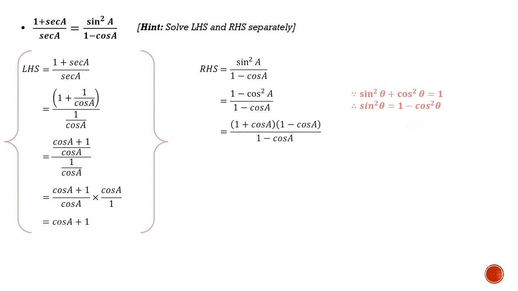Once again, simplifying it using the identity a square minus b square. So your 1 minus cos a in the numerator and denominator will be cancelled out. I think some students have a problem with cancelling out these identities because they think that minus sign is existing here, so how are we able to eliminate them?